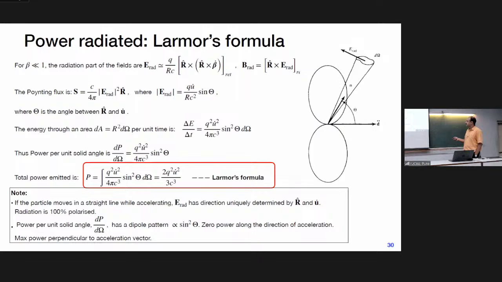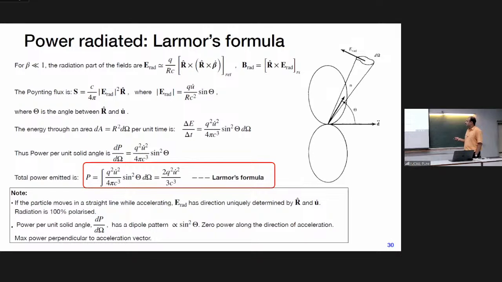Firstly, you can note this is not isotropic emission. This is anisotropic emission. Along theta equals 0, along the acceleration vector, there is no emission. dP/d omega is 0. dP/d omega is maximum perpendicular to the acceleration vector. So this is actually called a dipole pattern of the emission field.